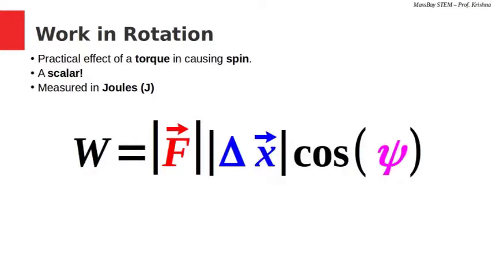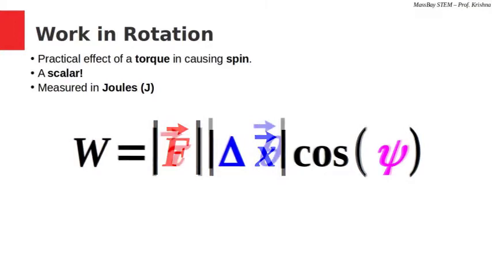In its linear form, the calculation for work is familiar. Work equals the size of the force multiplied by the size of the displacement multiplied by the cosine of the angle between them. In rotational form, the calculation is analogous.